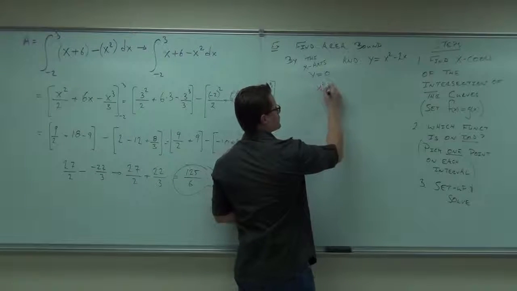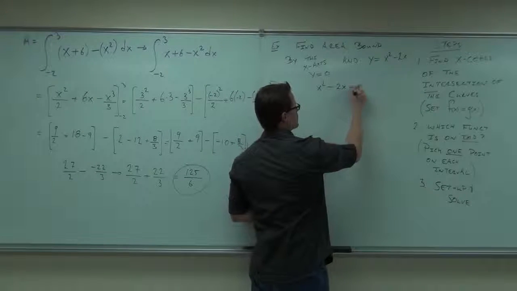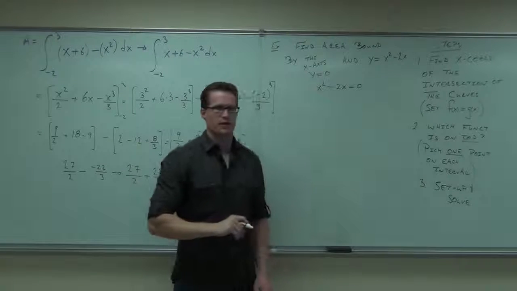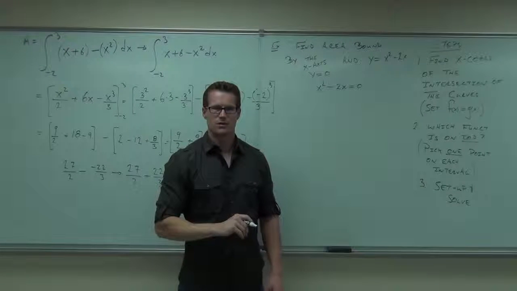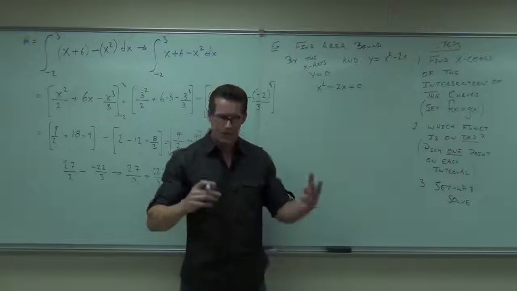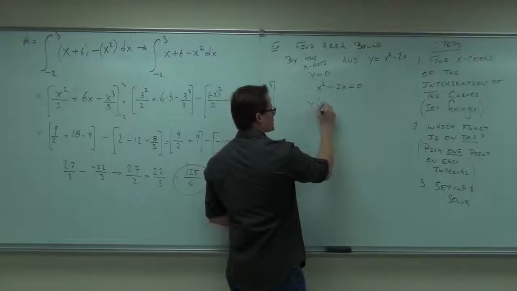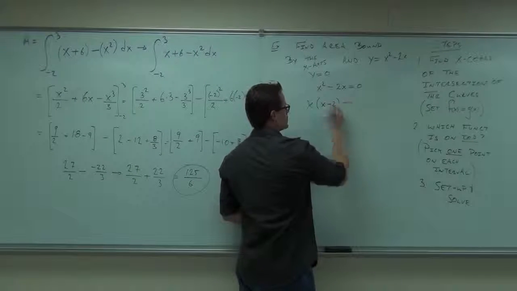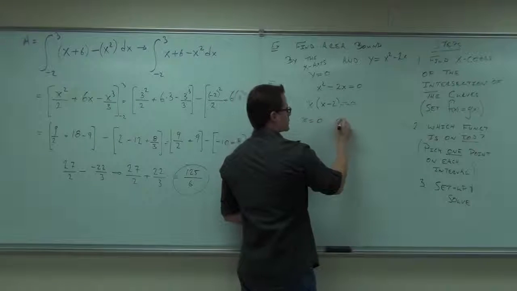Set the curves equal to each other. Just like that. See what I'm talking about? And then you'd solve it. X minus 2 equals 0, x would equal 0, and x would equal 2.